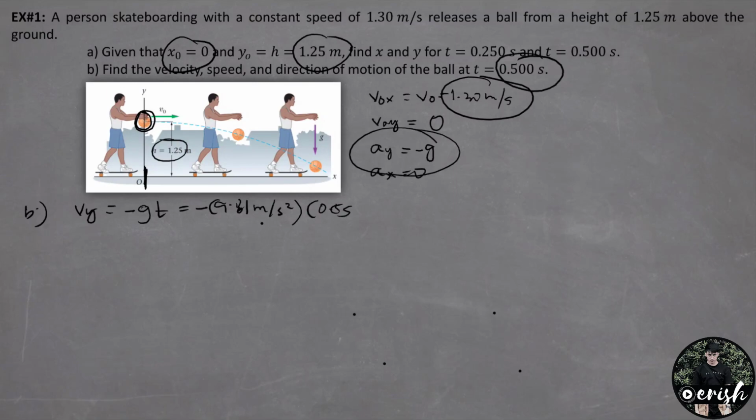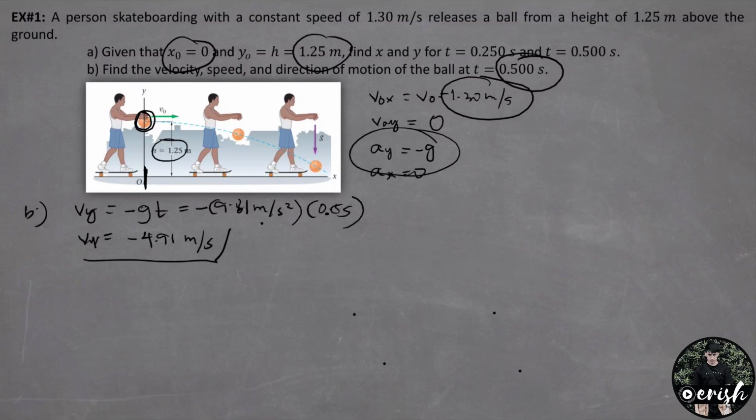Ito yung time na given. V sub y is equal to negative 4.91 meters per second. And to solve for the velocity, alam na natin yung components, which is Vx, 1.3 meters per second, and Vy, negative 4.91 meters per second.